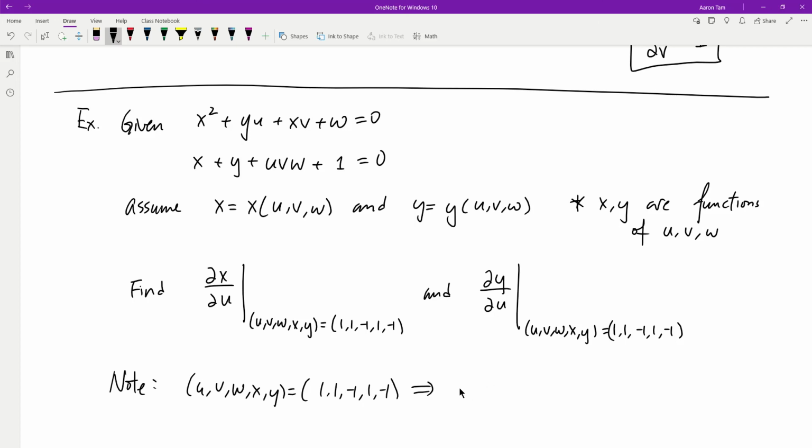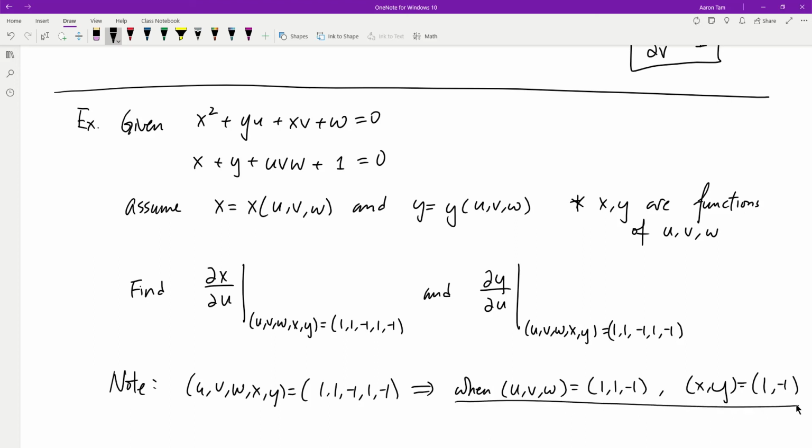That basically implies that when uvw is equal to 1, 1, negative 1, xy is equal to 1, negative 1. So that's basically what it means. It means when you plug in 1, 1, negative 1, you get 1, negative 1 as an output, because remember, x and y are dependent variables and uvw are independent variables.